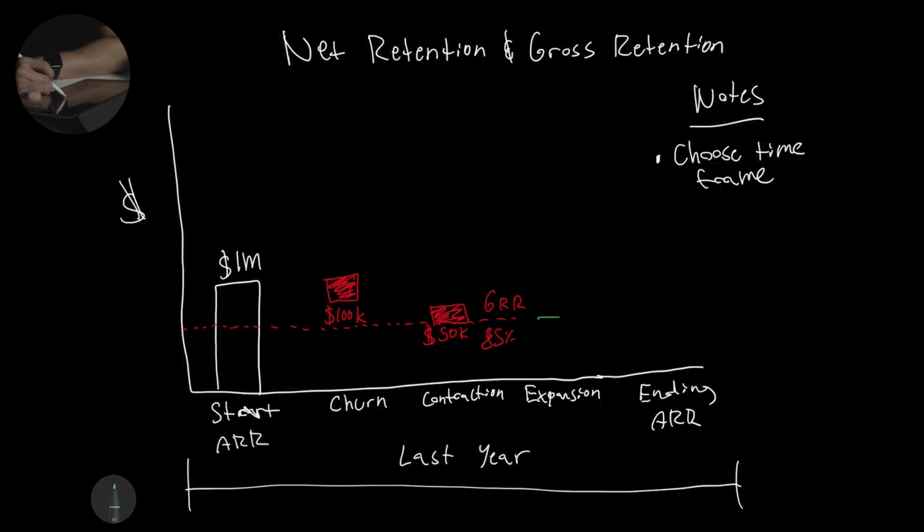Then, during the same time frame, you were able to expand the customer base by $300,000. And the net of all of these adjustments is $1.15 million.